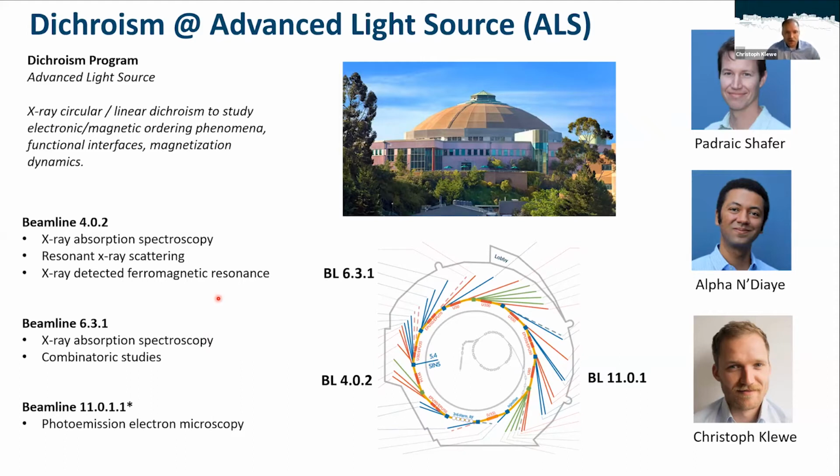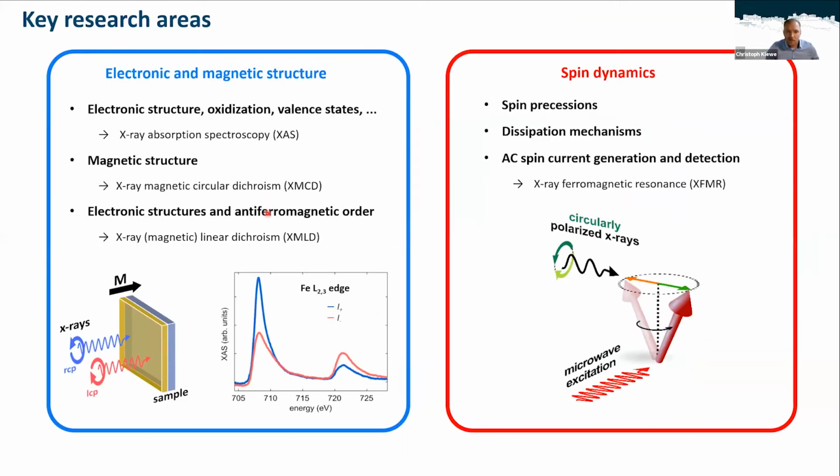And to study these effects, we employ a variety of different techniques. In particular, to look at the electronic and magnetic structures, we can use X-ray absorption spectroscopy, X-ray magnetic circular dichroism, and also X-ray magnetic linear dichroism.